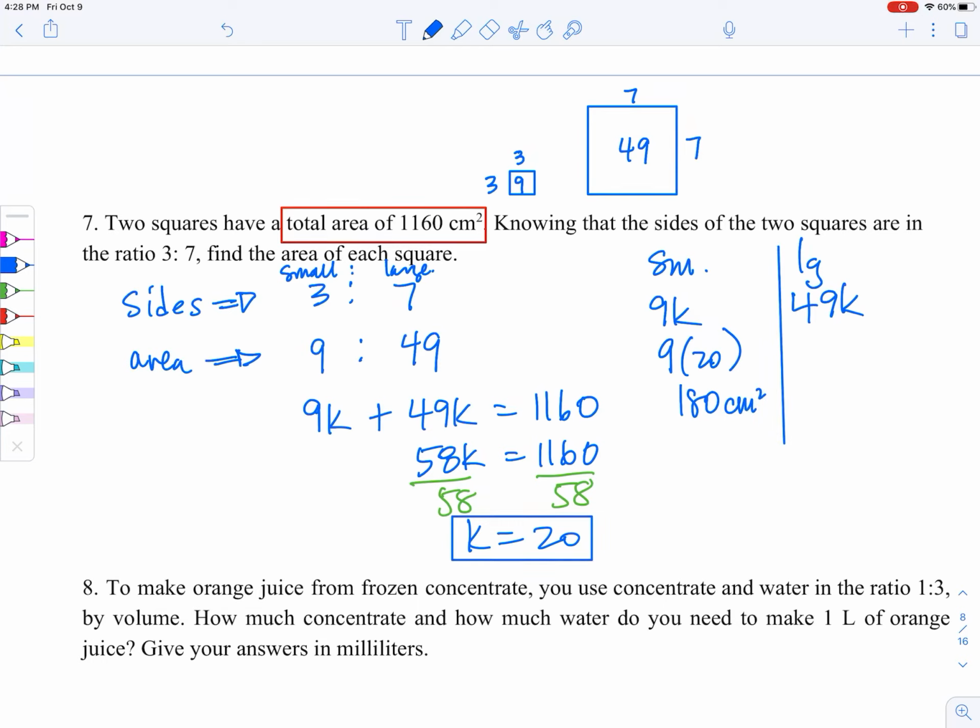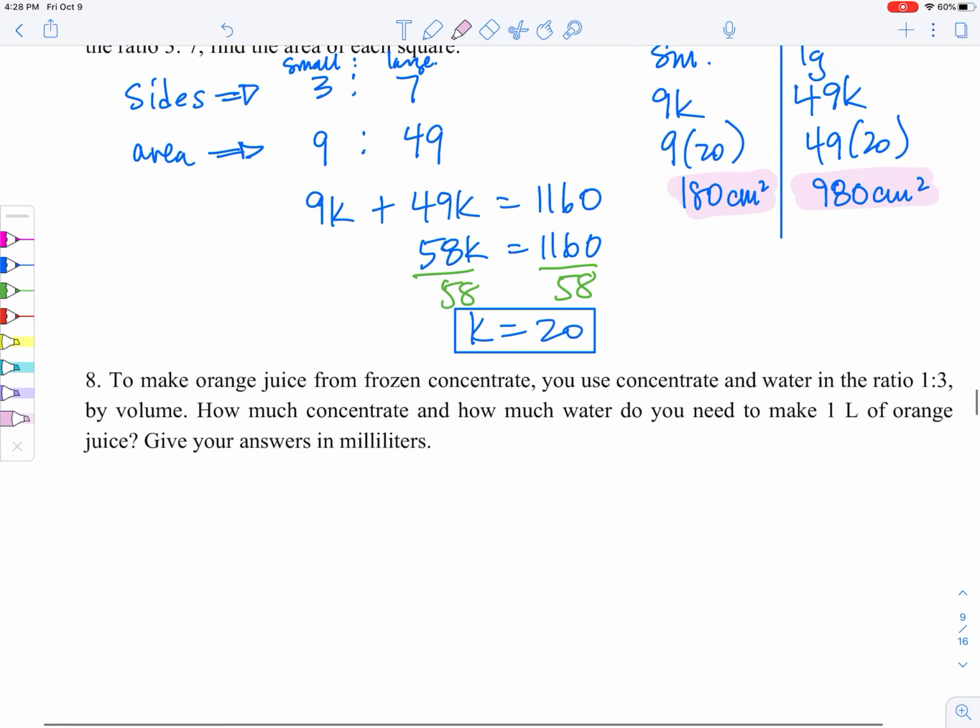And the large one, we have 49 times 20, and that equals 980 centimeters squared. So we just found that the area of the small one is 180 centimeters squared, and the large one is 980 centimeters squared.